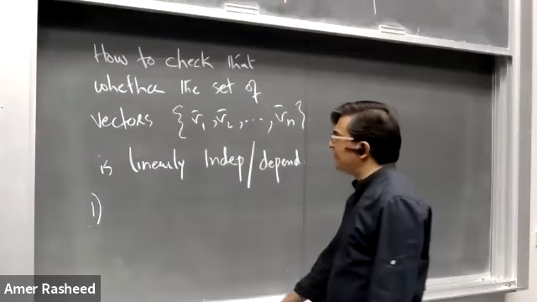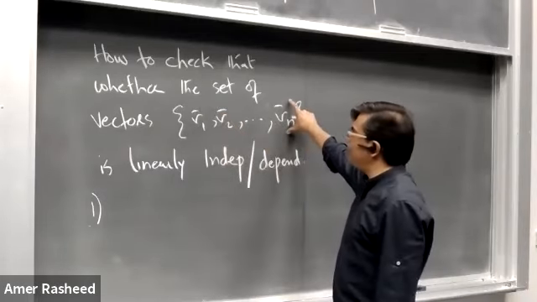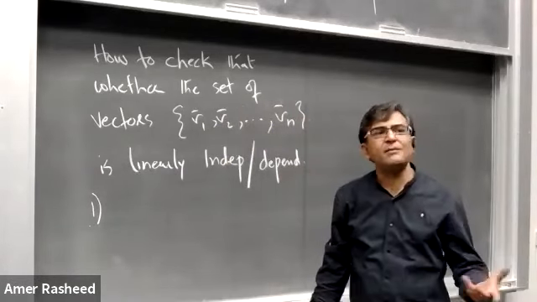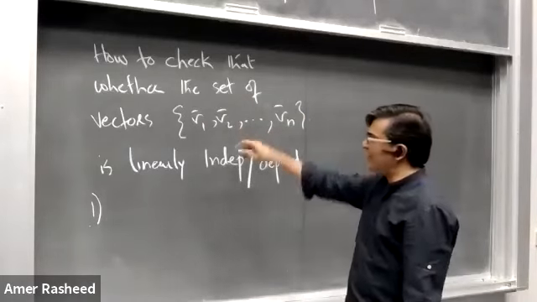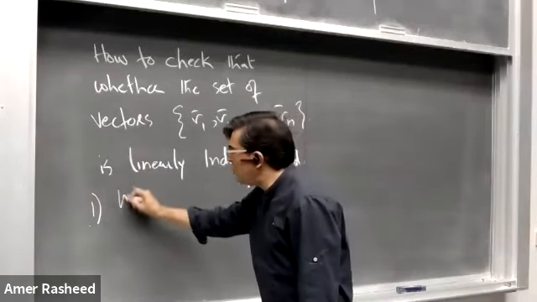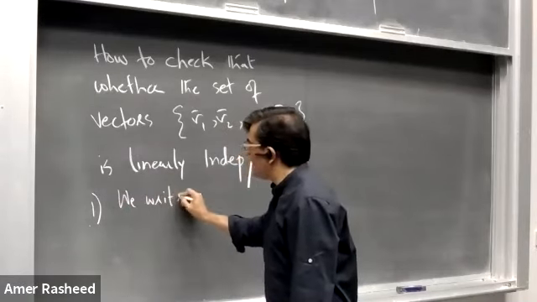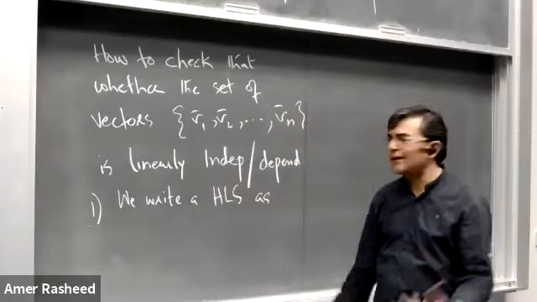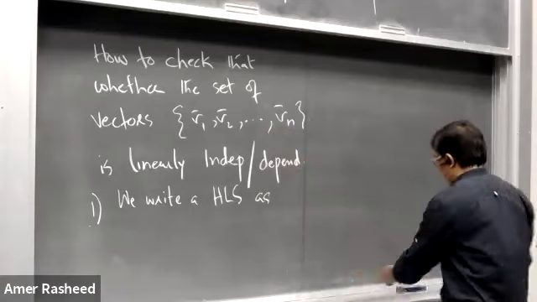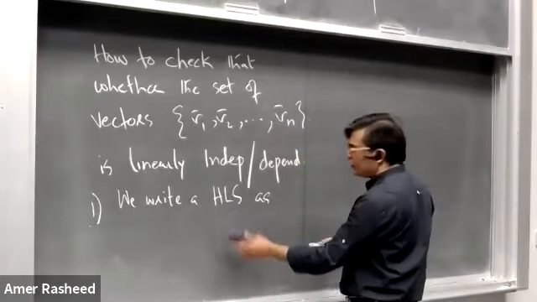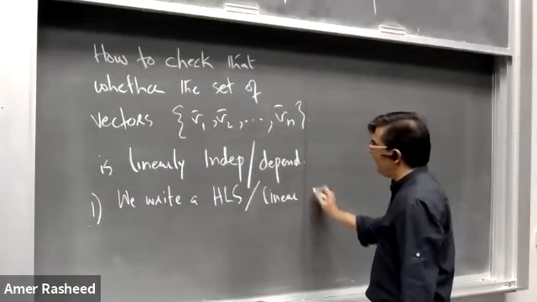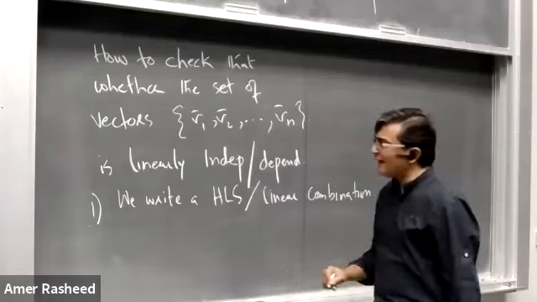We will write a homogeneous linear system by taking these vectors. Okay, homogeneous linear system कैसे लिख सकते हैं? By using these vectors, we write a homogeneous linear system, या आप कह सकते हैं कि इन vectors का linear combination लिखें। कैसे लिखेंगे हम?